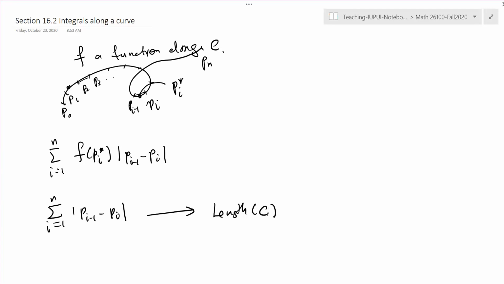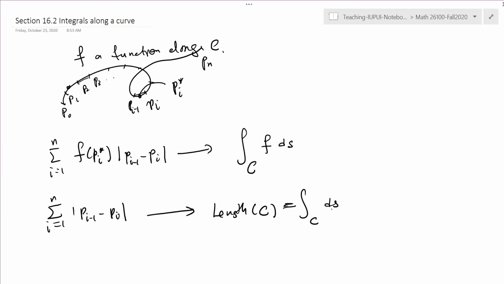So this one is the length of the curve, that's the limit. But in general, how can I describe the limit? The limit is going to be denoted by this notation, the integral of f ds. That's called the integral of f. And this is also a special case.